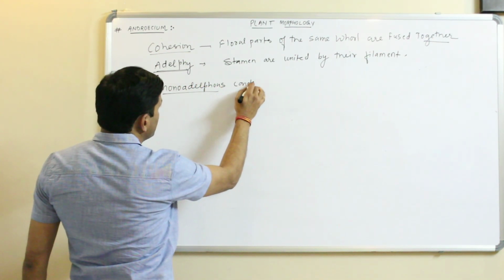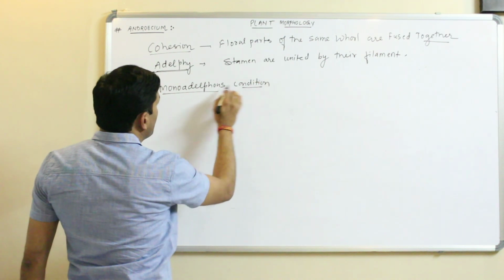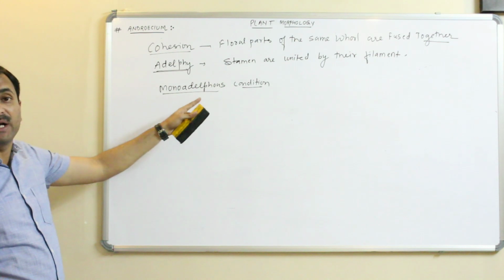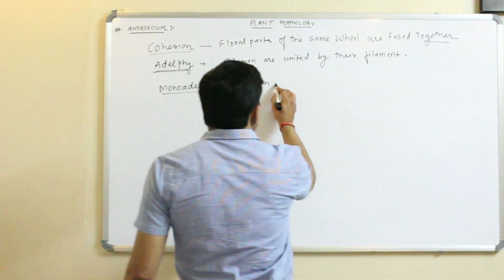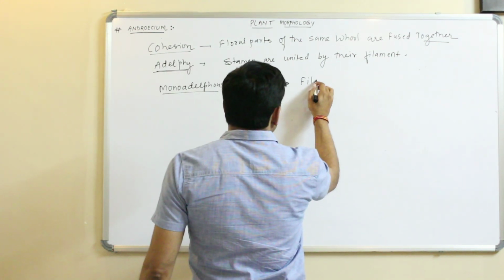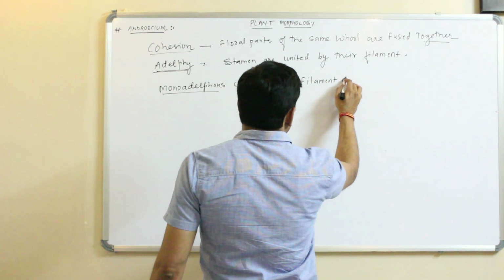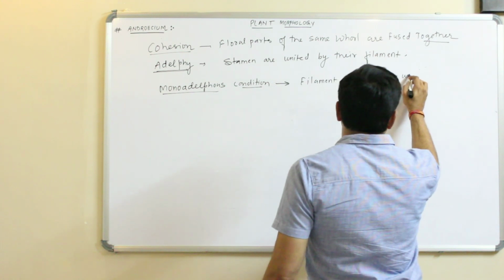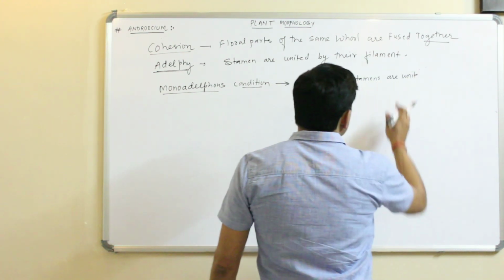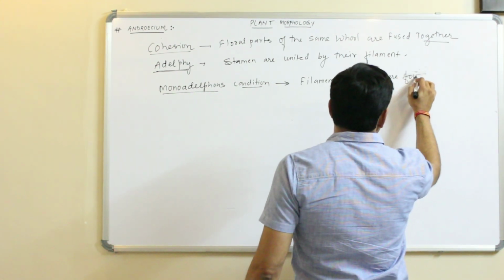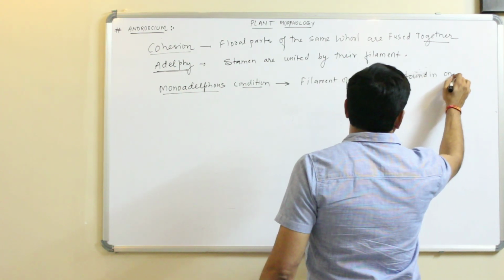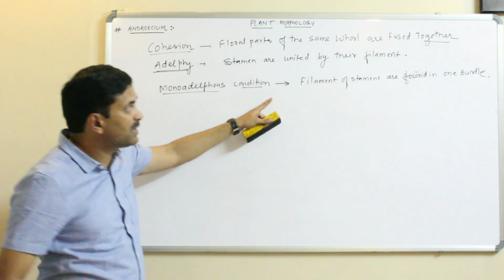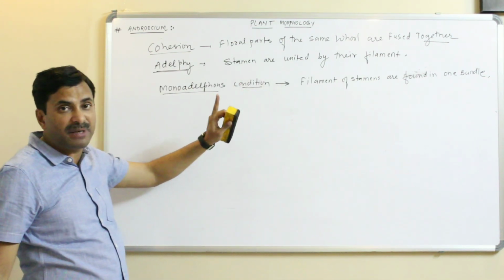Now, the monoadelphous condition. What is the monoadelphous condition? Filaments of stamens are found in one bundle.